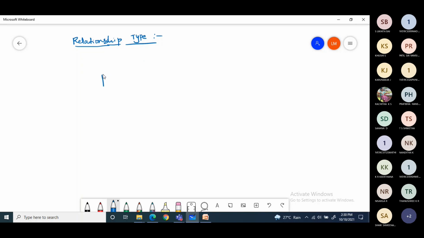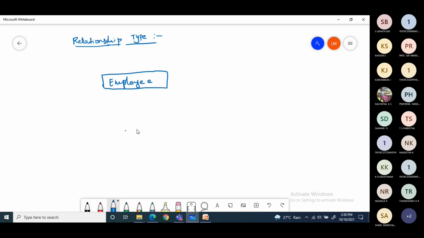Employee is one entity, and employee may be a supervisor or supervisee. Supervisor means manager, and supervisee means the normal employees. If there is one manager, then n number of employees work under him, right? So that is called supervisor.